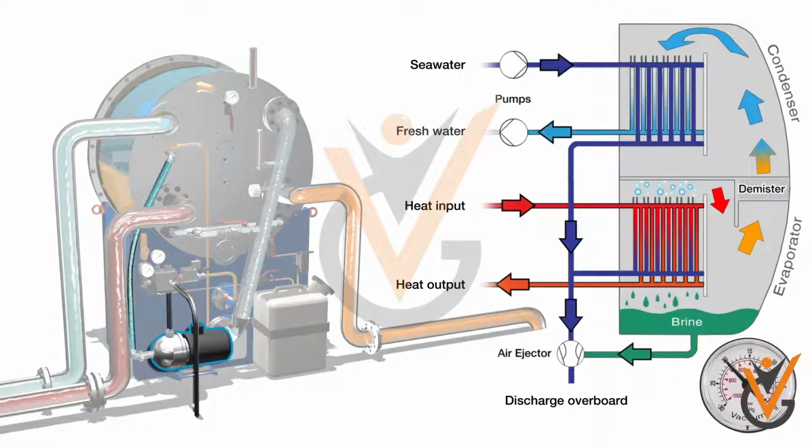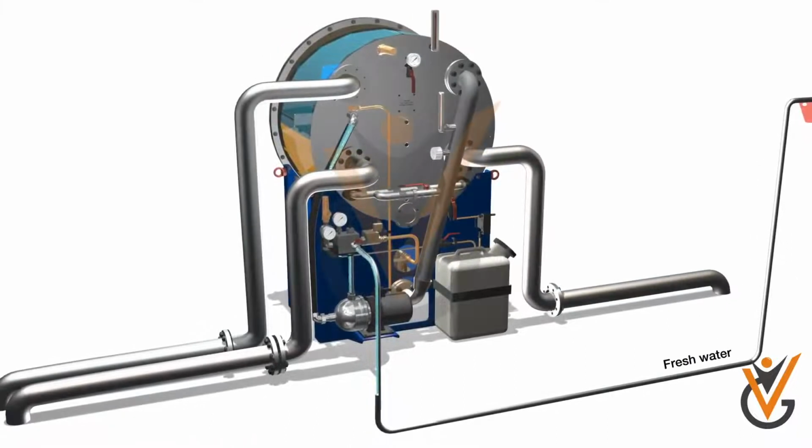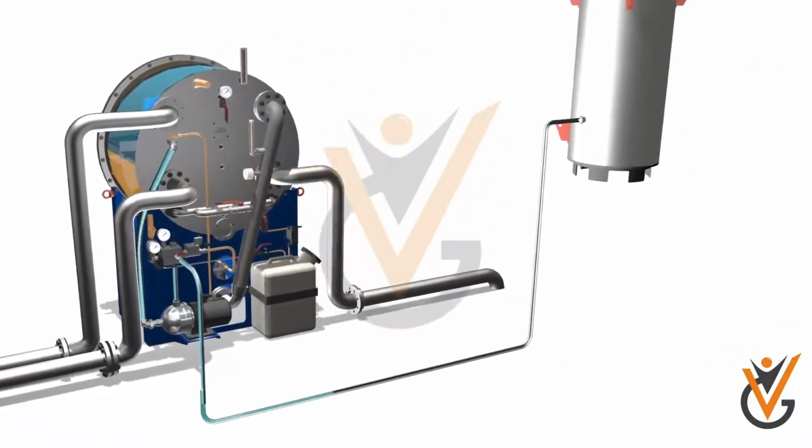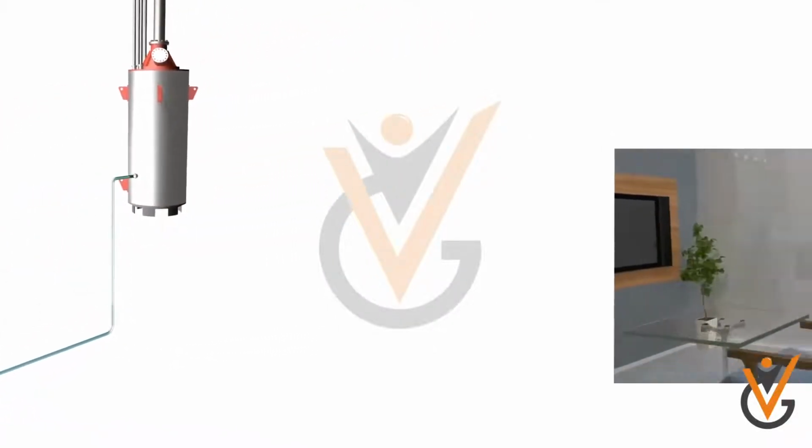The feed rate to the evaporator is fixed at the feed inlet to the evaporator by the orifice plate throughout the entire process. If the salt content of the produced water is high, the solenoid valve diverts the fresh water to the shell side of the freshwater generator and emits an alarm signal.